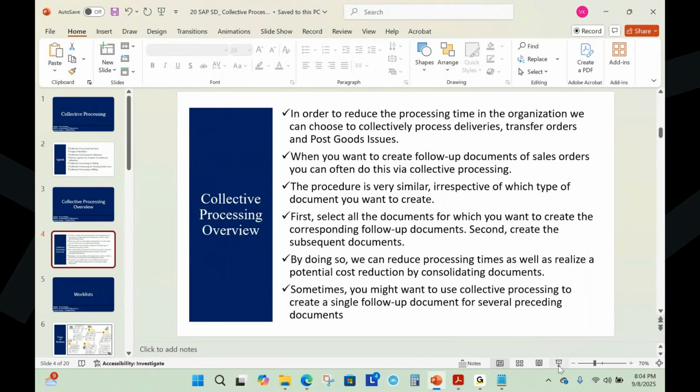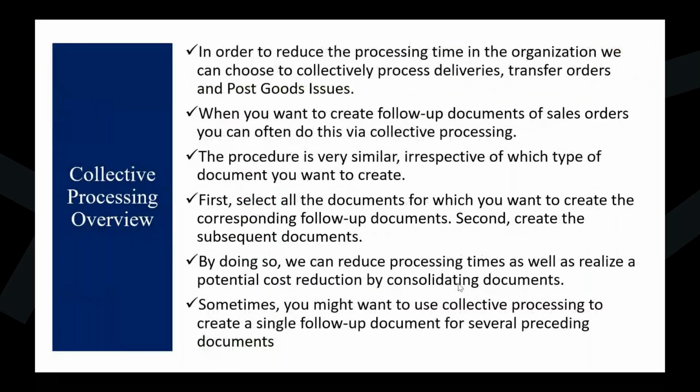When you want to create follow-up documents of sales orders, you can often do this via collective processing. You create the sales orders, but the next follow-up documents like outbound delivery, goods issue, and then the invoice document, billing, can all be done through collective processing.